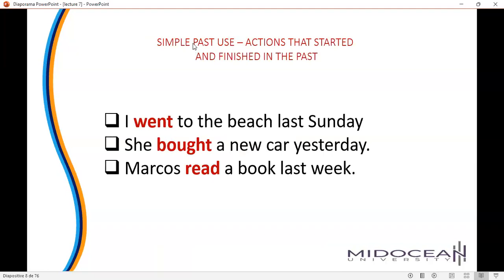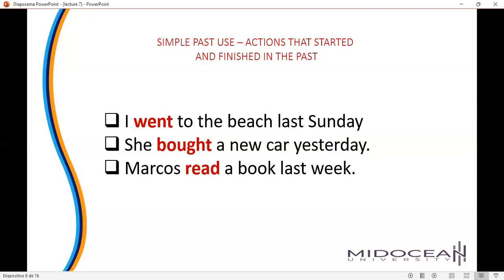We use the simple past with actions that started and finished in the past. Examples: I went to the beach last Sunday. Here, as you see, you have the verb in the simple past, went, the verb to go. You have last Sunday; this time expression indicates the simple past.